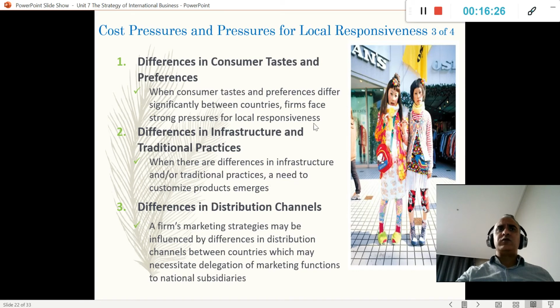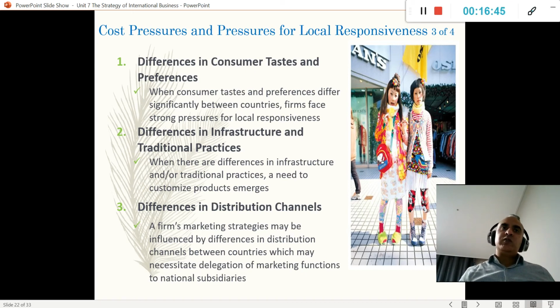So this goes together in terms of failing locally. It can be for many reasons. It can be because there's a difference in consumer taste and preference. Another case here, for example, is Japan, which has a very unique business model, and we have to enter that market under very specific conditions.